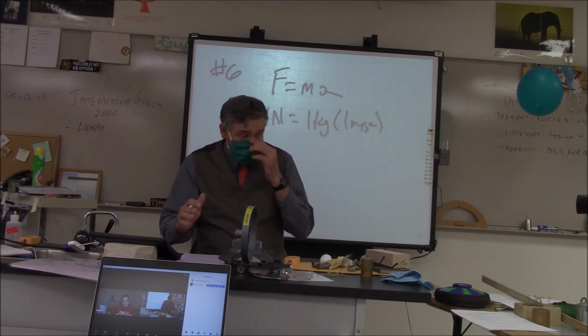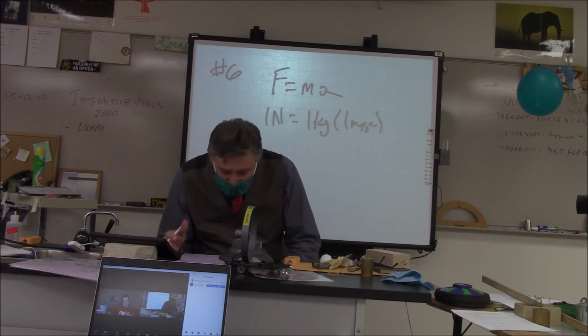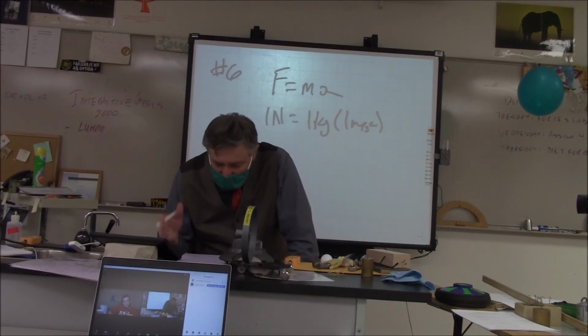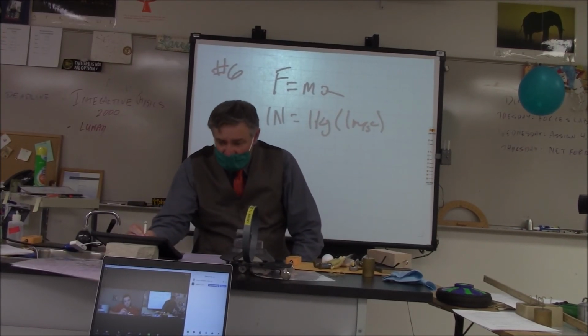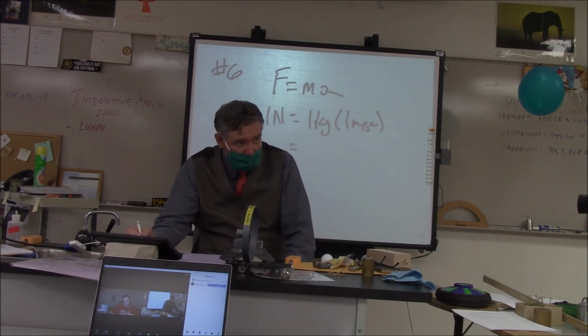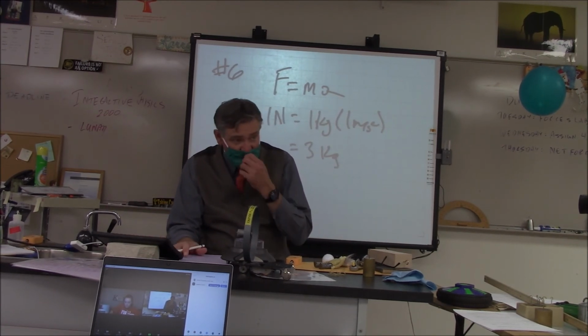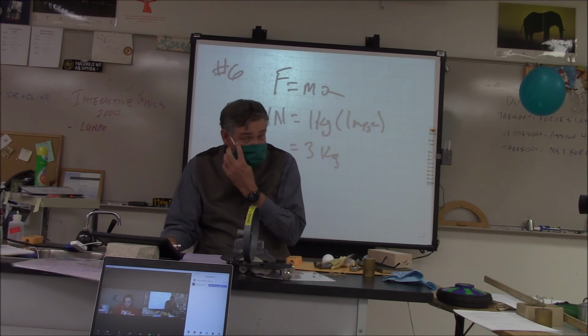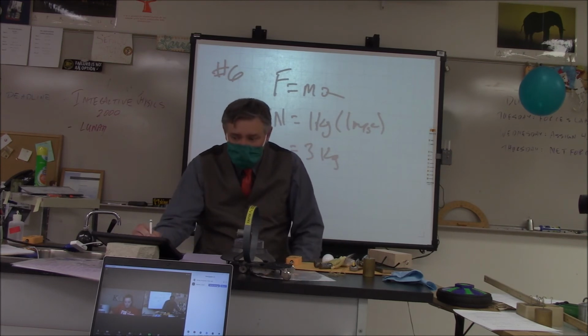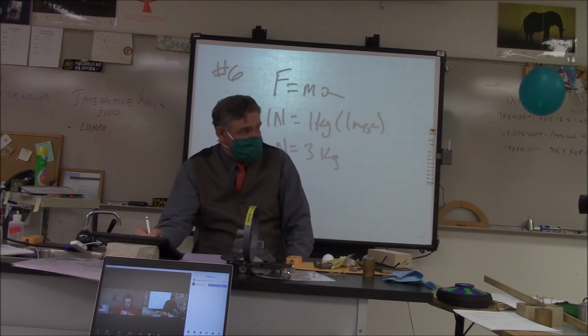Now we're going to change the system. Okay, so now we're going to triple the mass. So instead of 1 kilogram, it's going to be 3 kilograms, right? The force is going to go up by a factor of 6-fold. So instead of 1 N, it's going to be 6 N, 6 newtons, right?